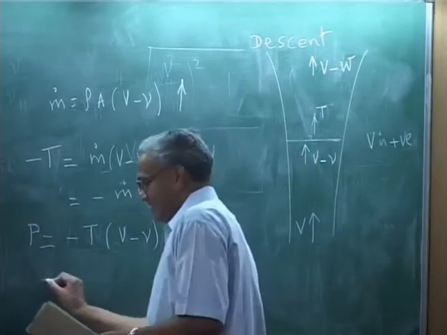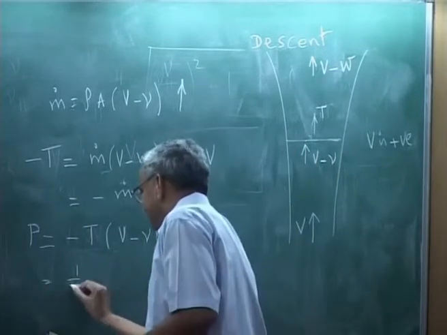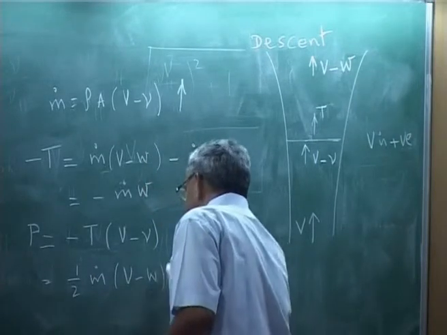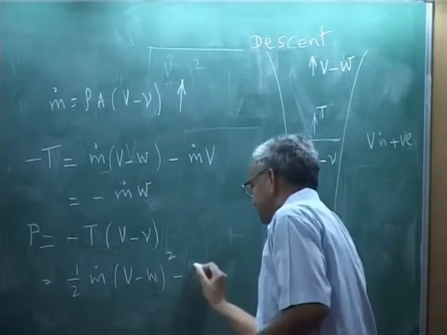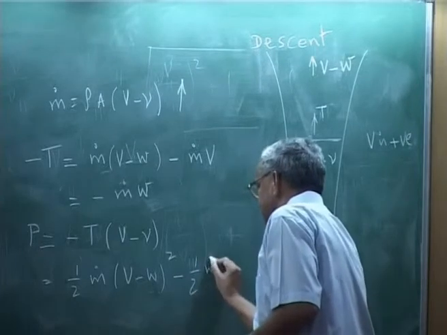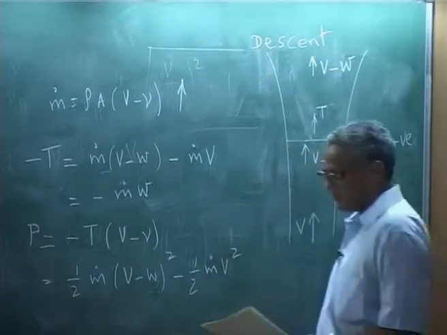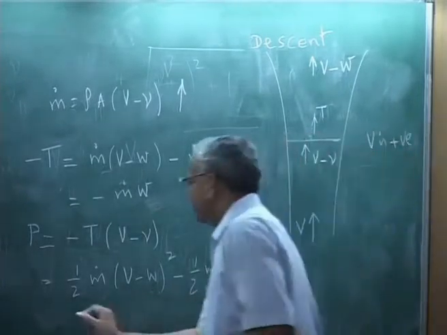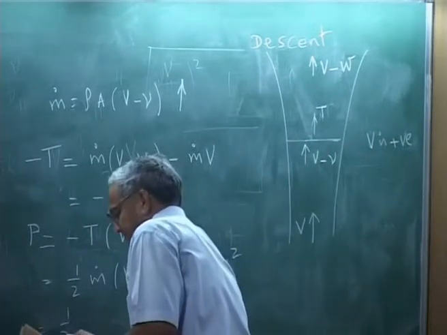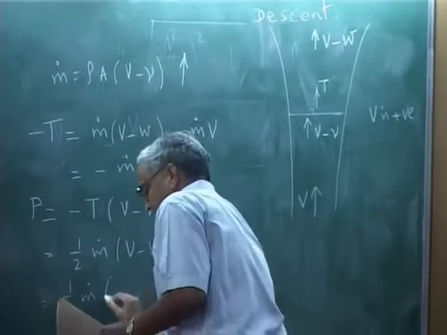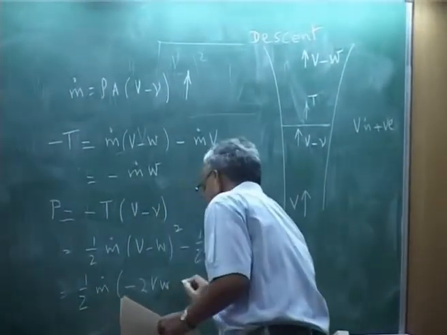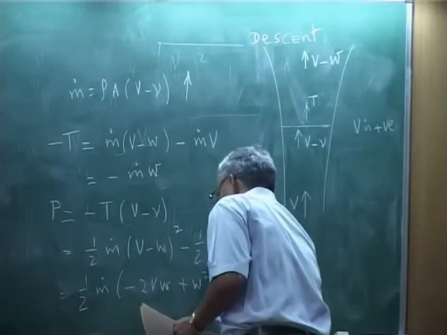Change in energy is the final minus initial, which is half m dot V minus W whole square minus half m dot V square. Again, if you simplify, you will get half m dot minus 2 V W plus W square.